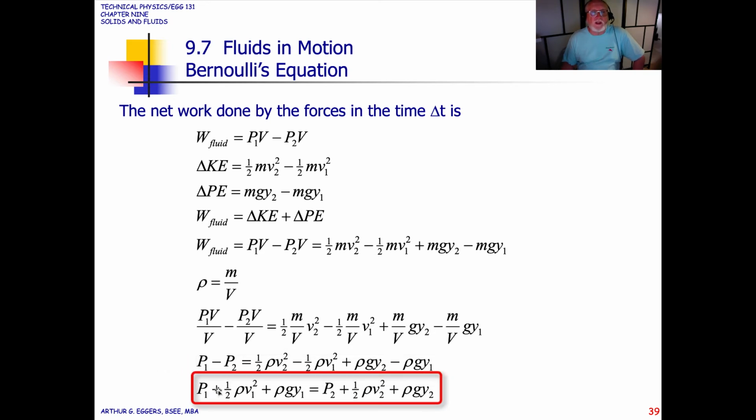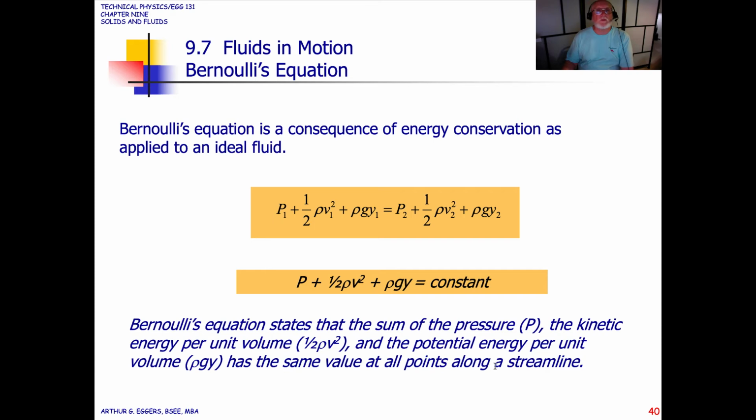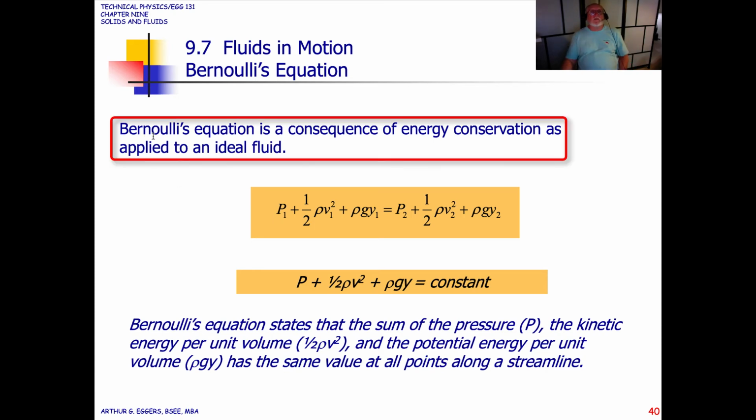So now if we gather all of our terms, all the 1 terms on the left, all the 2 terms on the right, we end up with pressure 1 plus 1/2 rho v1 squared plus rho gy1. The same thing on the other side for the 2 terms. So now we have developed Bernoulli's equation, a consequence of energy conservation applied to an ideal fluid.